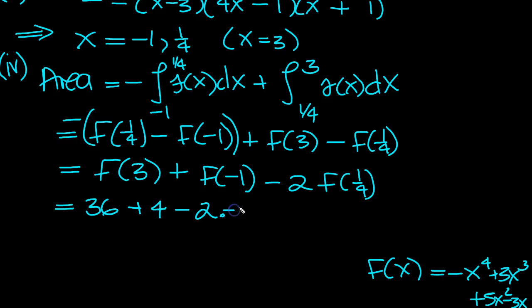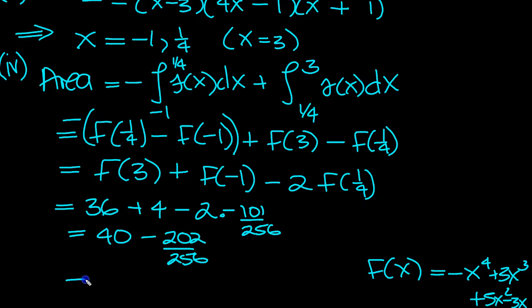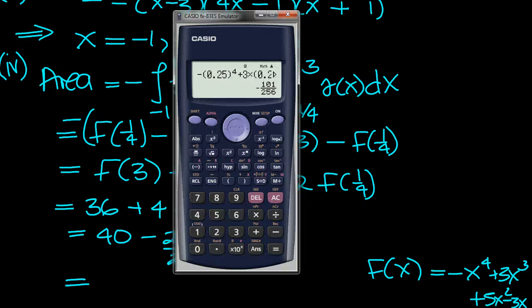Minus 101 over 256. So we've got 40 minus 202 over 256 is equal to, so let's tap that in then.